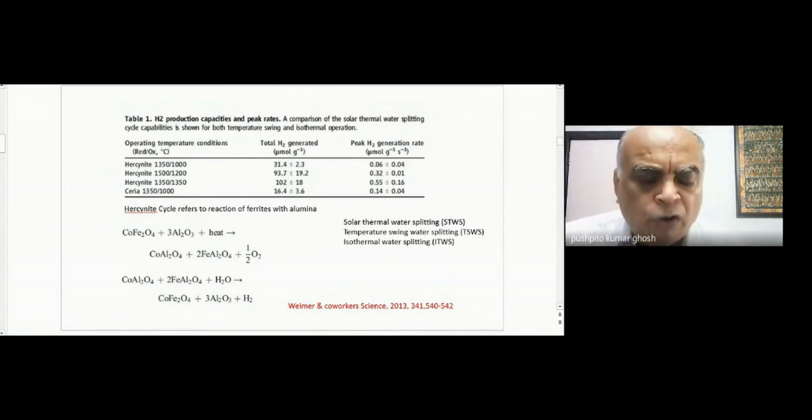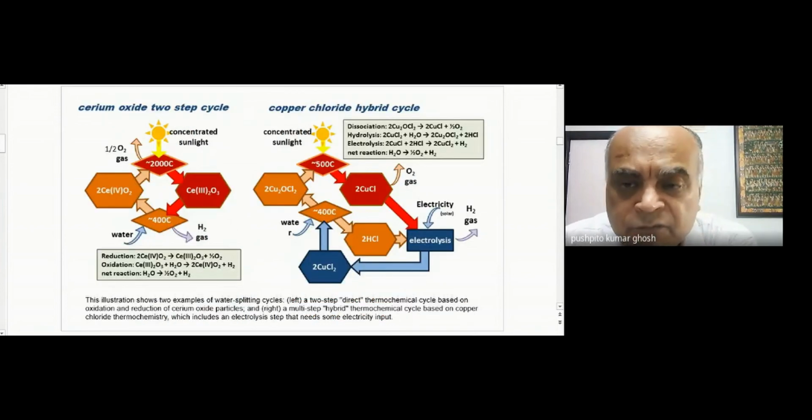Now there is another point. All of these schemes, whether it's the SI scheme or the one we talked about, have compounds that will have to undergo heating and cooling. So from 2000 degrees centigrade, I have to bring down the temperature to 400 degrees centigrade. Can you imagine how much heating, cooling, and heat exchange is involved?